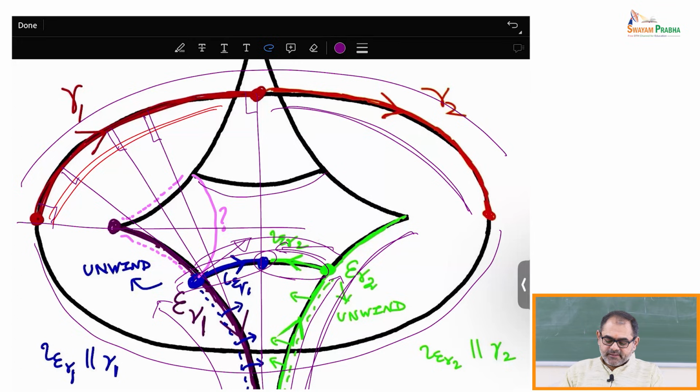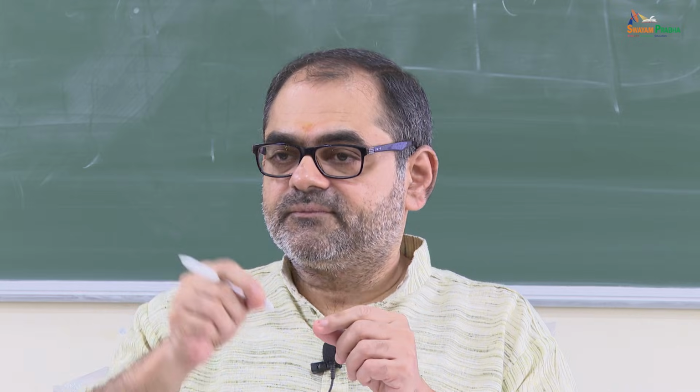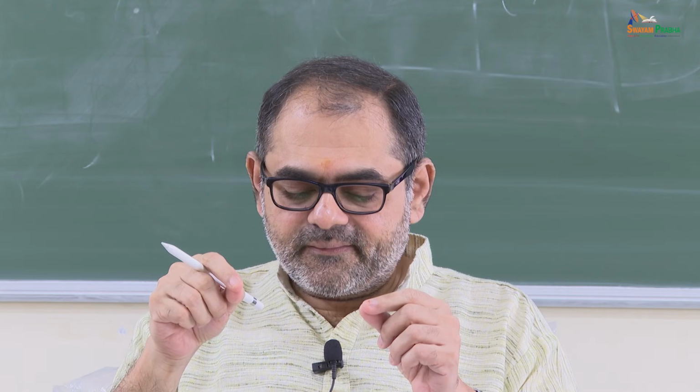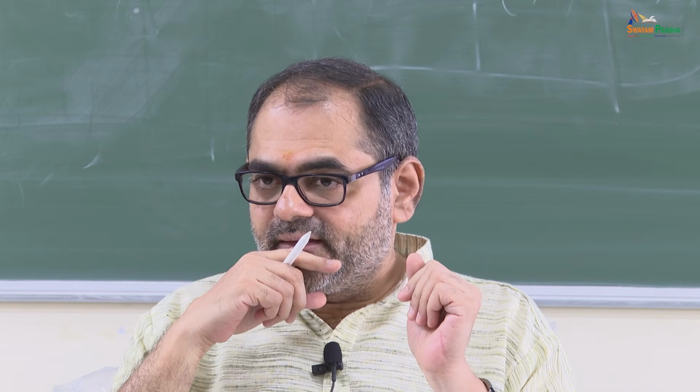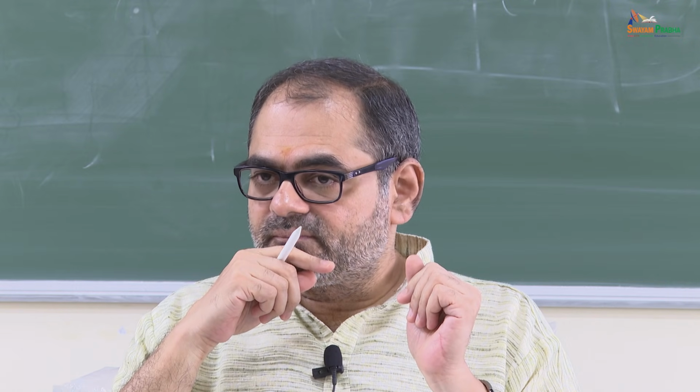Now here is the interesting question that one would like to answer. Suppose I had taken only this portion and kept this fixed and pulled it out like this, I will get this pink curve, okay. And that curve doesn't seem to be parallel to any piece of the original ellipse. So that is also an involute of the evolute, but it is not parallel to the original curve, is it not?